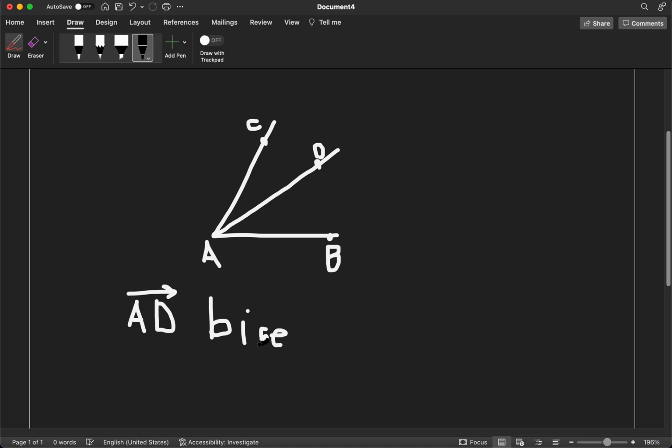That is supposed to be an S. Bisects angle CAB.